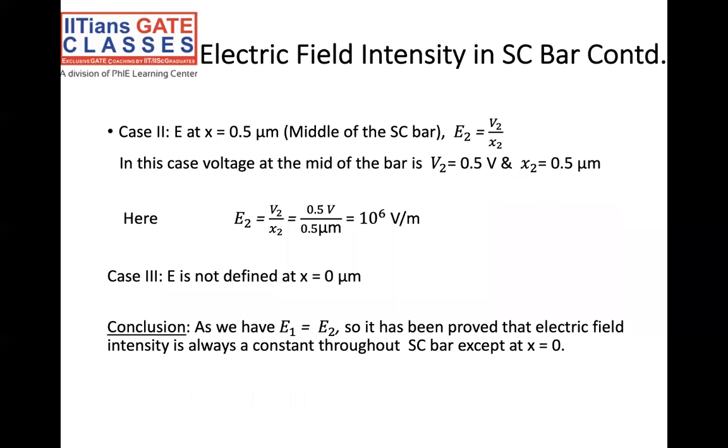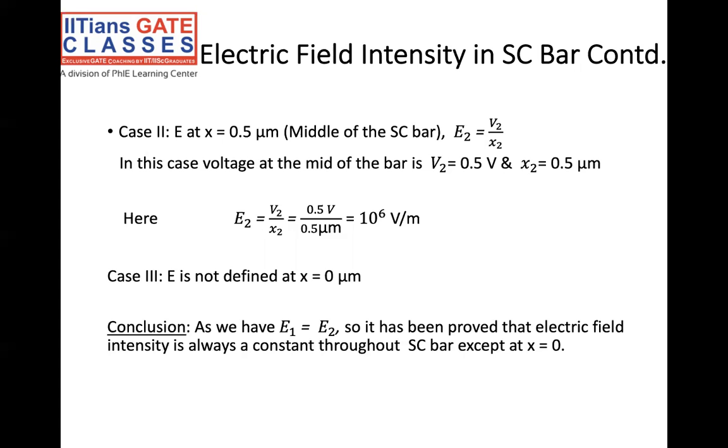In the second case, we need to find the electric field at the mid of the semiconductor bar, which can be expressed as the voltage at the mid of the semiconductor bar to the length at the mid of the semiconductor bar, which is x2.